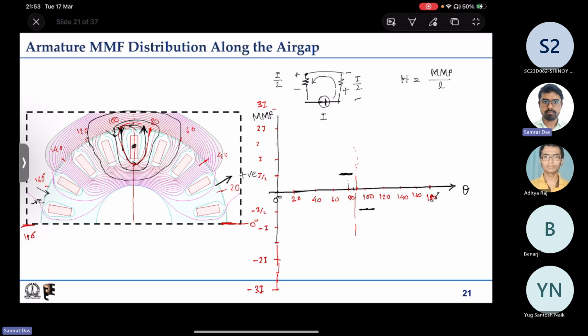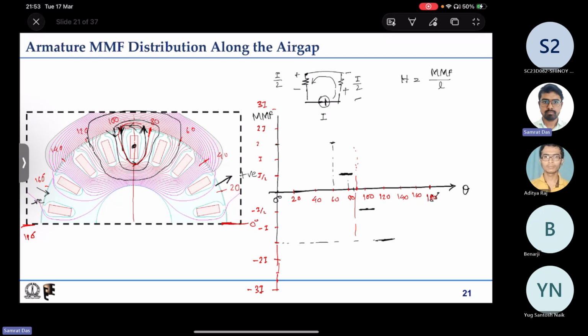Now if I go next, quickly I can complete it. At 60 degree and 120 degree, the current enclosed is 3I. So on one side we will have 1.5 I, and on the other side minus 1.5 I. So this is 60 degree, this is 1.5 I, and 1.5 I at 120 degree, we have it here.